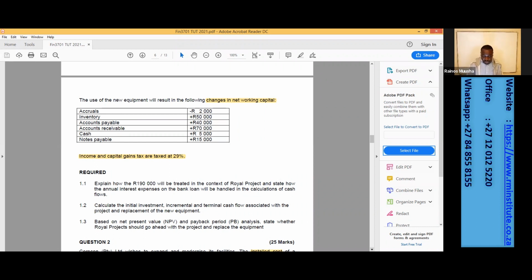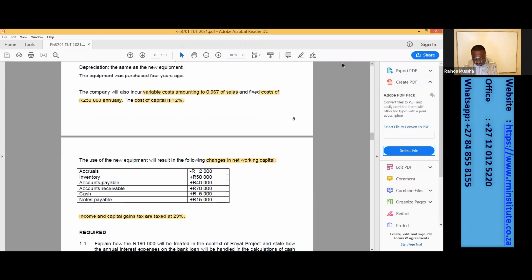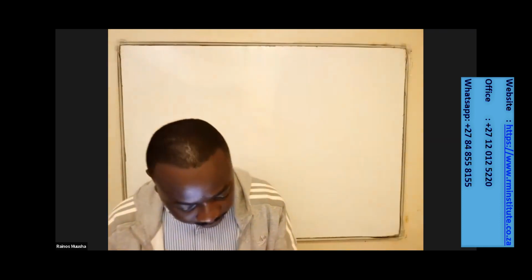Now, for question 1.2, they ask us to calculate the initial investment, the incremental cash flows, and also the terminal cash flows associated with the project and the replacement of the old equipment with the new equipment. To calculate the initial investment, you always have to make sure that you take note of the formula that is used.